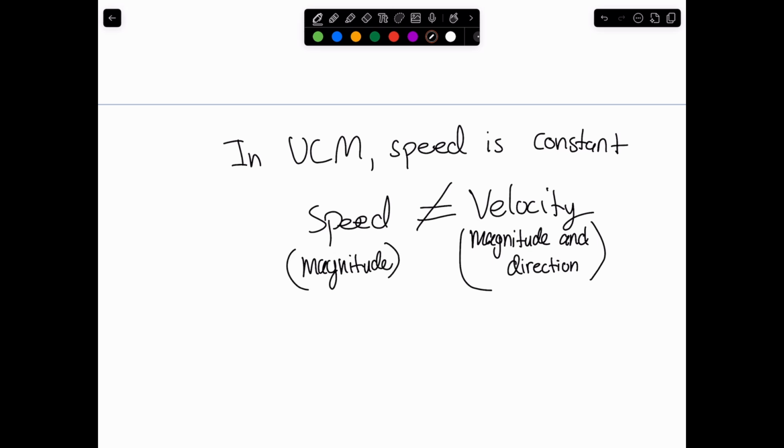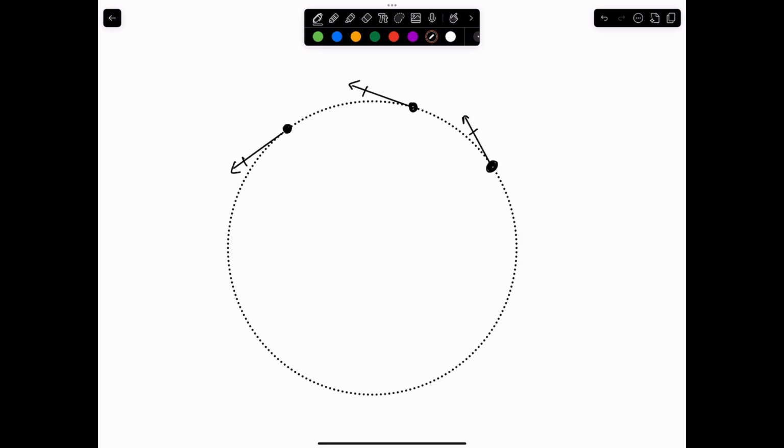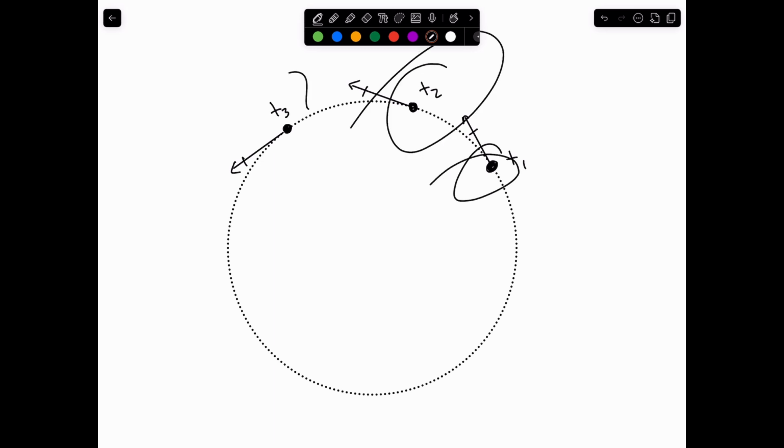Let's quickly sketch something moving in a circle, and hopefully this will become a bit more obvious. Let's say we have an object like this little black bead moving in a circular path, and arbitrarily let's call this T1, T2, and T3, meaning time 1, time 2, time 3, which is essentially I'm just saying that this object is moving in a circle, and at time 1 it's over here, at time 2 it's over here, and at time 3 it's over here.